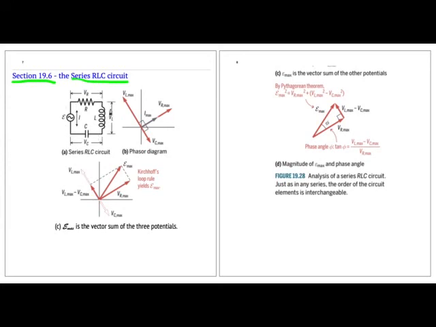And they form a loop, and there's a source of alternating current, which could be provided by a wall socket or any kind of source of alternating current, an alternating EMF. It could just be a generator.